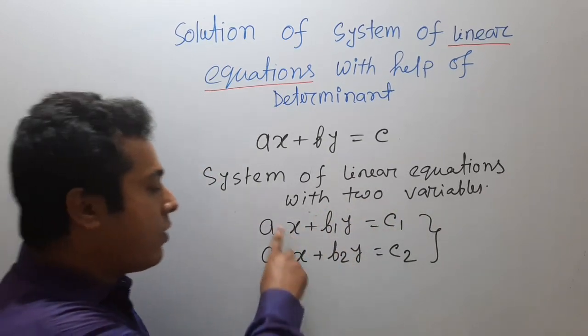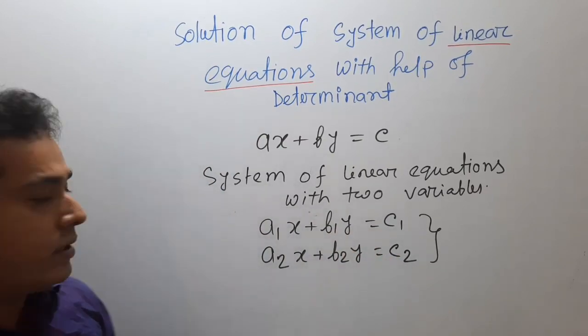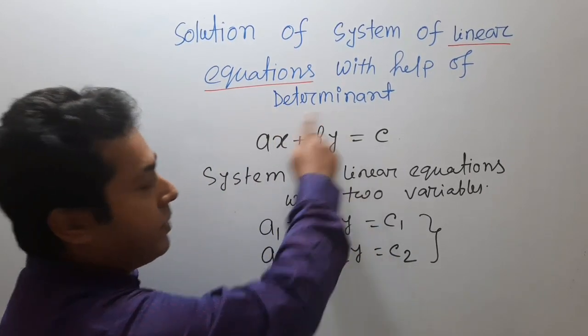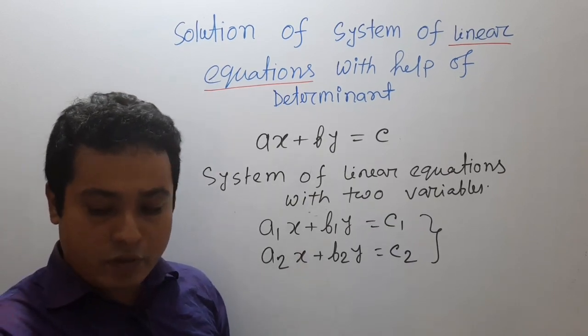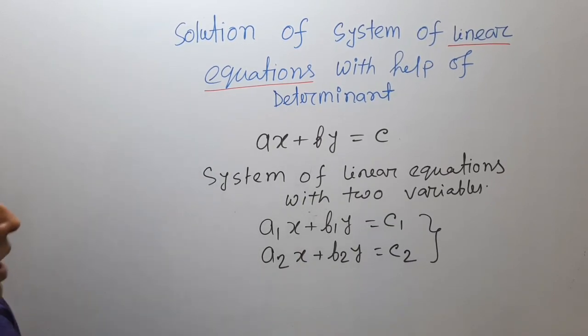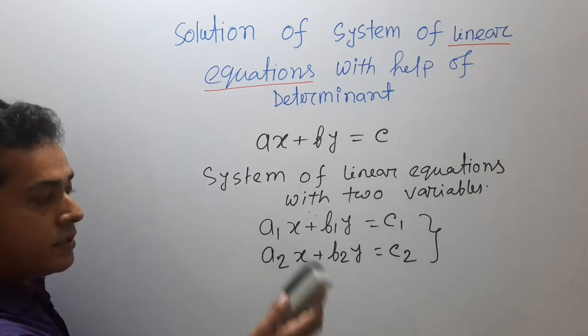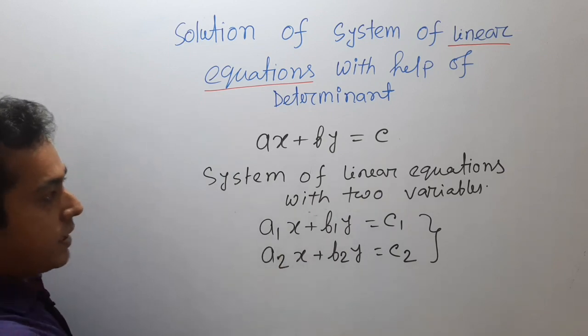Now we want to discuss how we can solve this system of linear equations by the determinant, and this rule is called Cramer's rule. According to Cramer's rule, how we can solve this equation, now we want to discuss it.